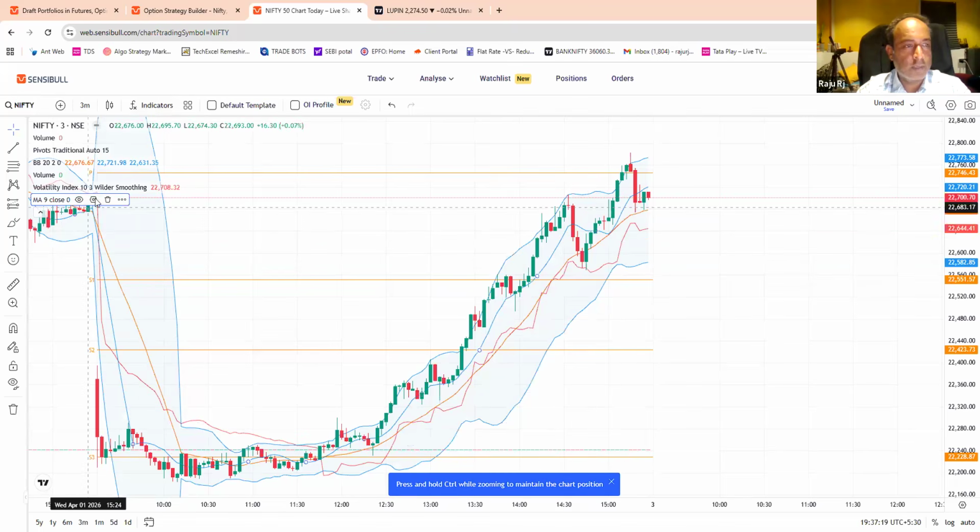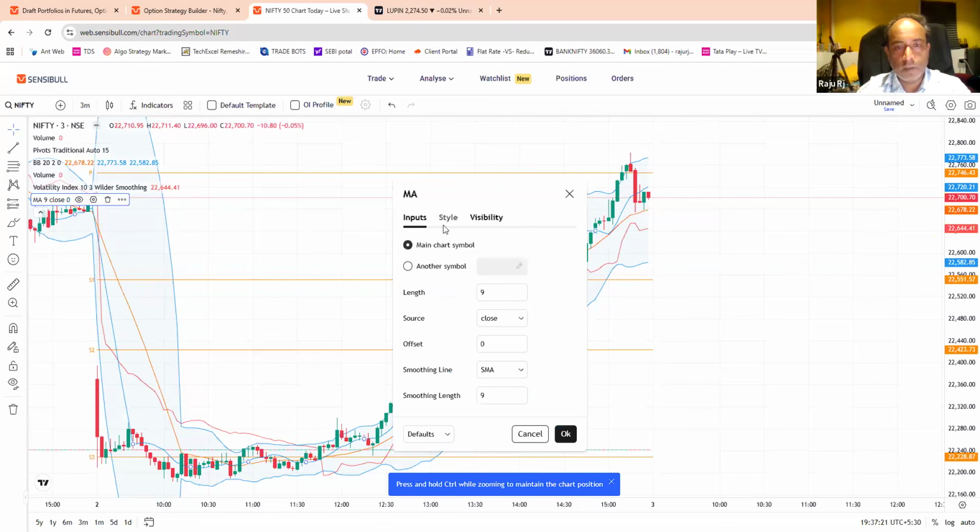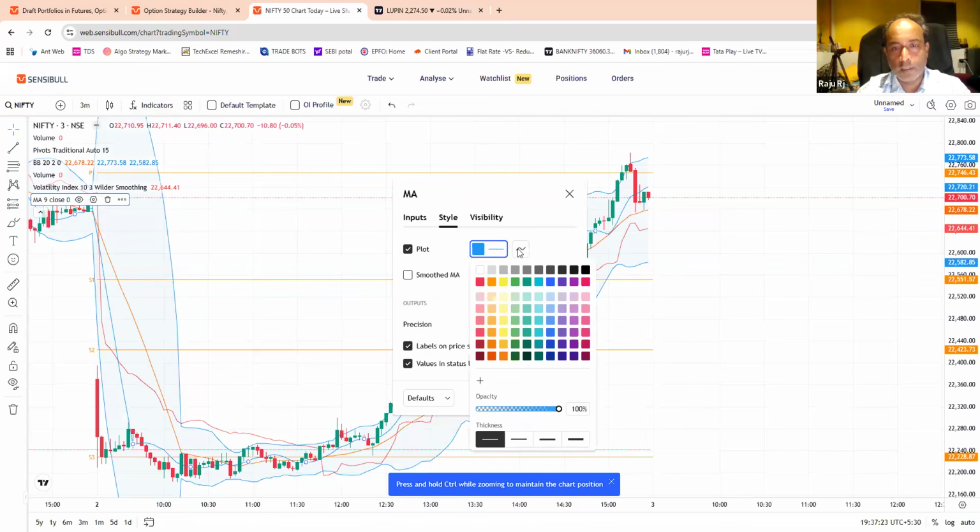Above the moving average, we can just plot this moving average as green.